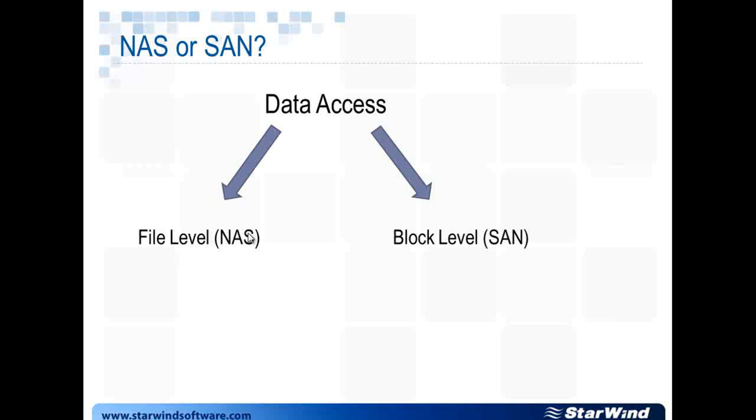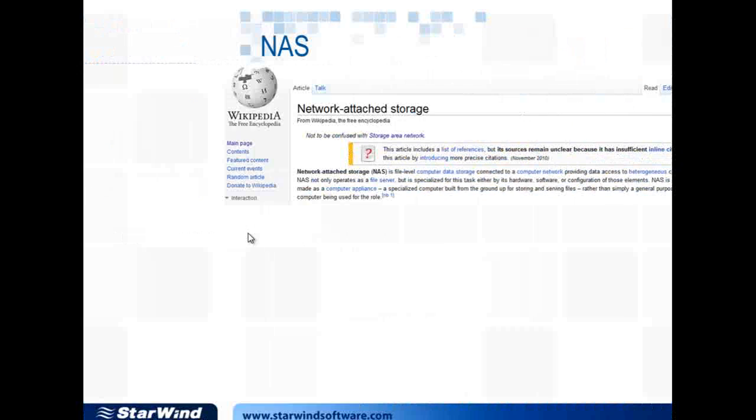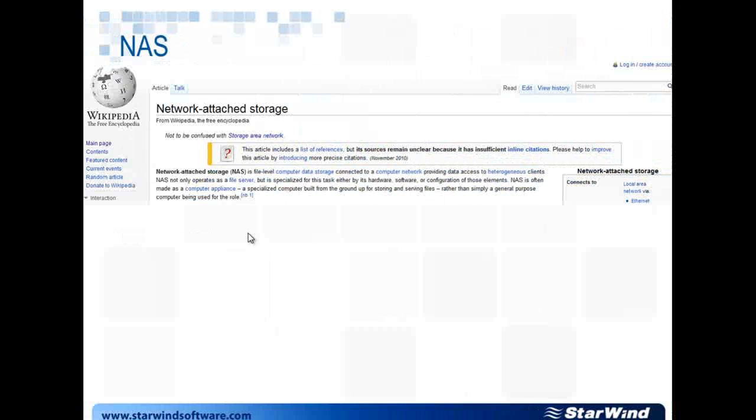Now let's take a little bit closer look at the NAS solution. A little quotation from Wikipedia, we'll like it. NAS is a file-level computer data storage connected to a computer network providing data access to heterogeneous clients. This actually means that anyone can use data simultaneously.